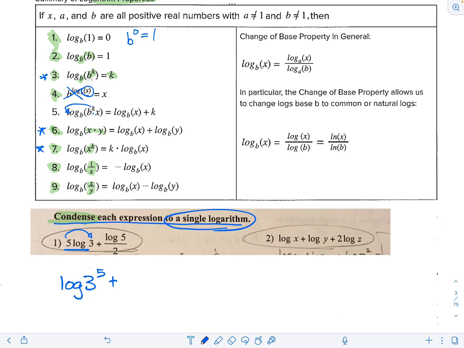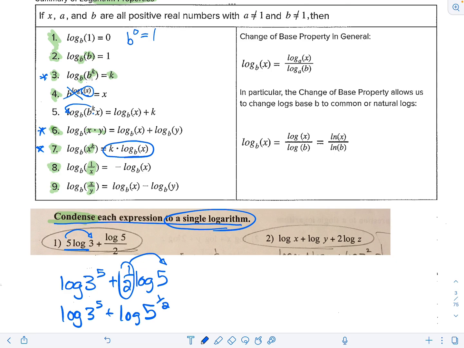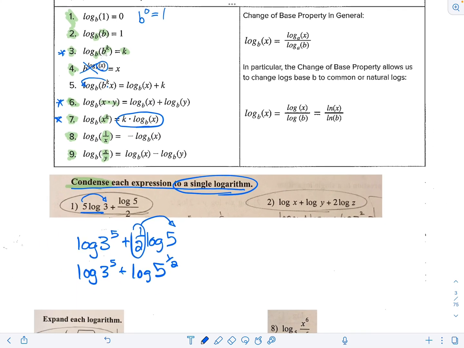And then I'm going to rewrite this as 1/2 log 5. And that 1/2 is also a multiplier, so I'm using the power property in reverse to make it log of 3 to the 5th plus log of 5 to the 1/2. Or we can write the square root of 5. We can do that also.